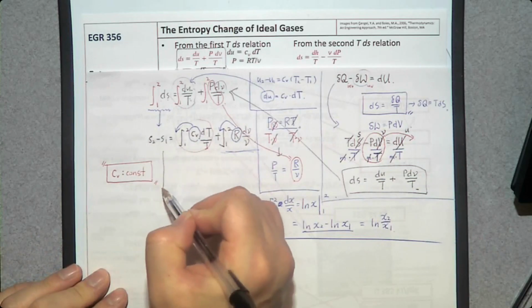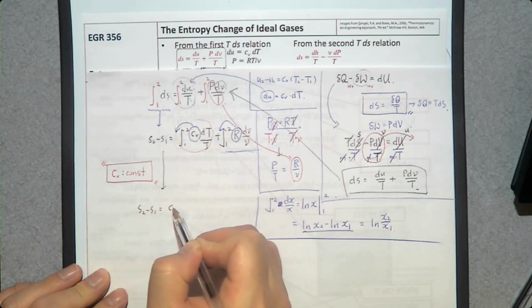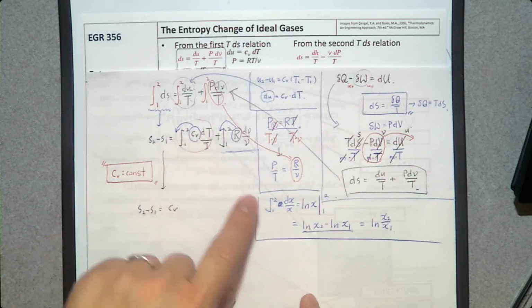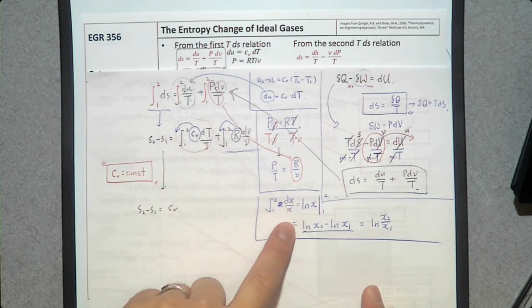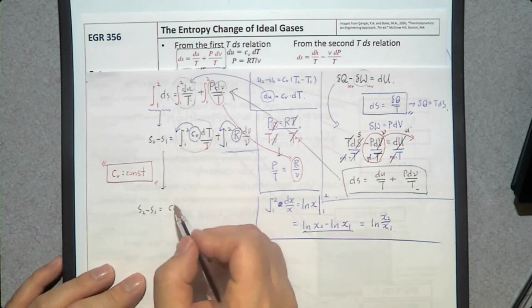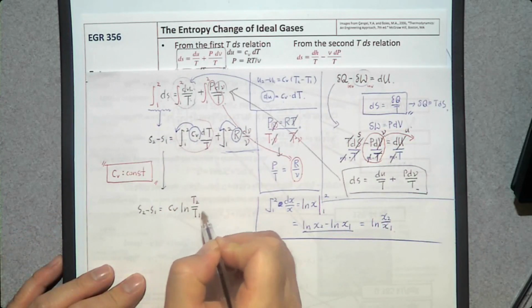So this equation becomes S2 minus S1 is CV times the integral of dT over T, which is natural log T2 over T1. What about here?